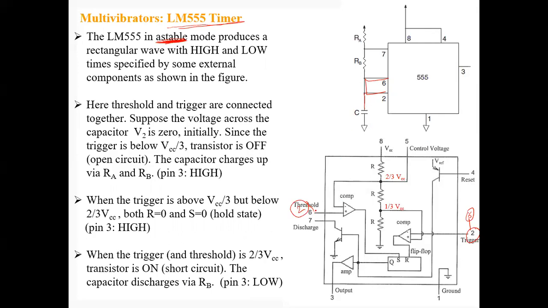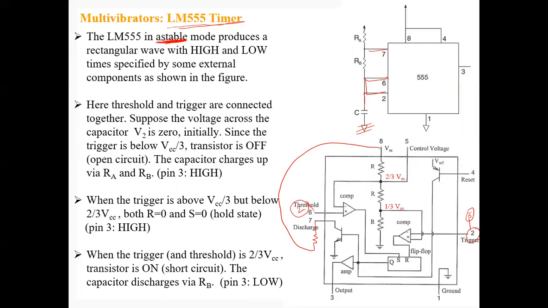So this guy is connected to the capacitor here, and the capacitor is connected to ground. On the other hand, 7 is connected to your resistor, and this is connected to VCC here.